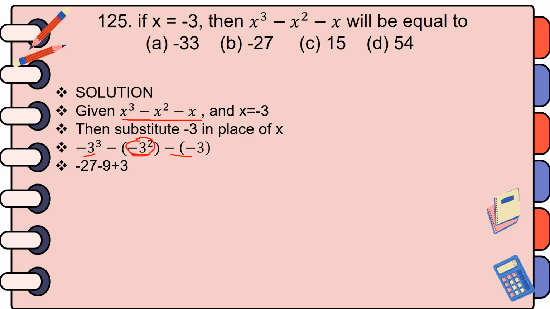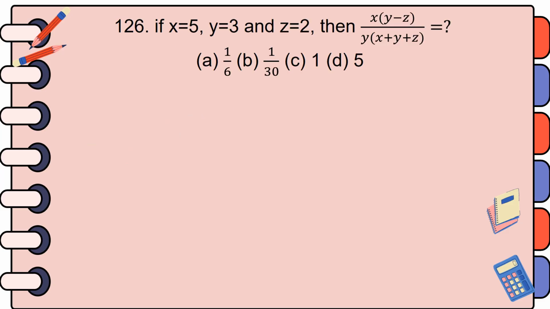Minus multiplied by minus will be positive, then it becomes plus 3. So you have minus 27 minus 9 plus 3. Again, the value will be minus 33. Then your answer for this question is choice A, minus 33.